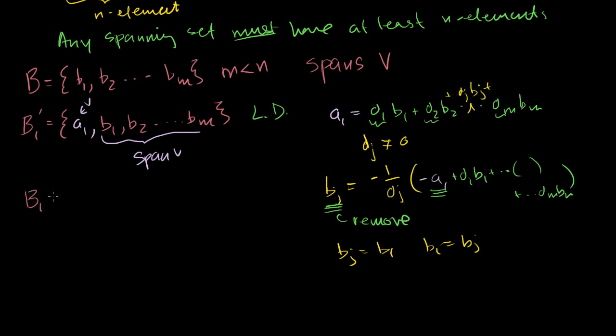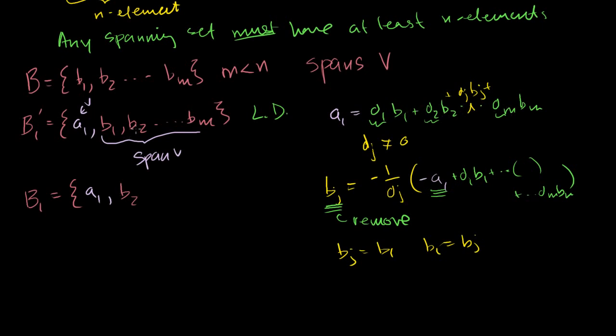So my straight up set B1 is equal to A1, and then remember, I removed the Bj and I renamed that as B1, and then I renamed B1 as Bj. So now my set looks like this: B2, and for all we know, Bj might have been B1. We don't know. And it doesn't matter. There's probably multiple of these that are non-zero, so we could have picked any of those to be our Bj.